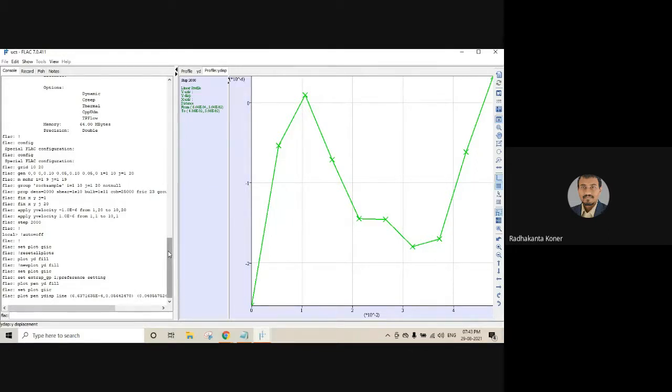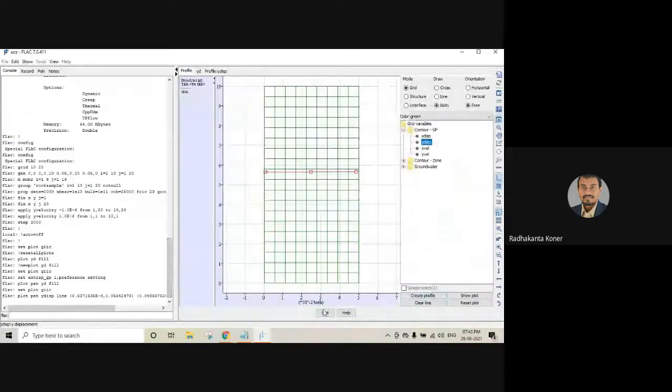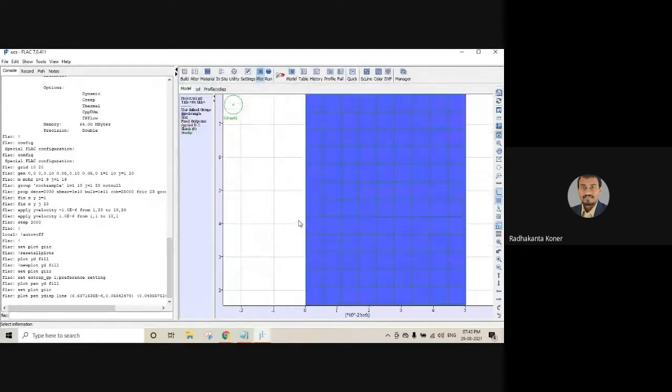But for simplicity, apart from the command window mode, there is also a Windows mode GUI. So using that GUI, you can plot and interpret the data in this way also. This data is showing along that line the profile of the y displacement. So this is a very simple one.